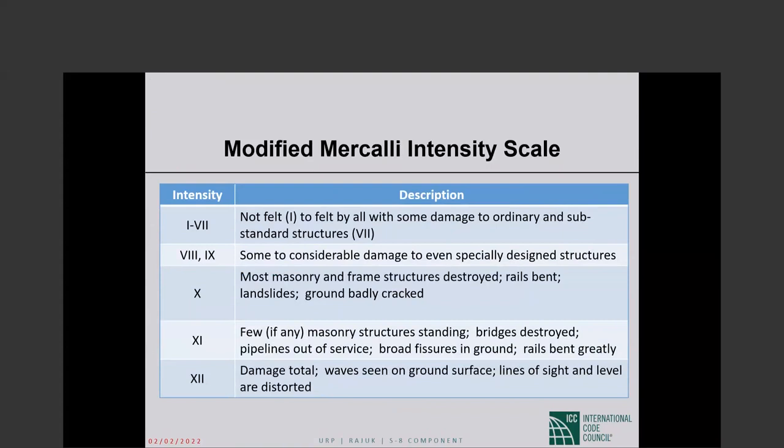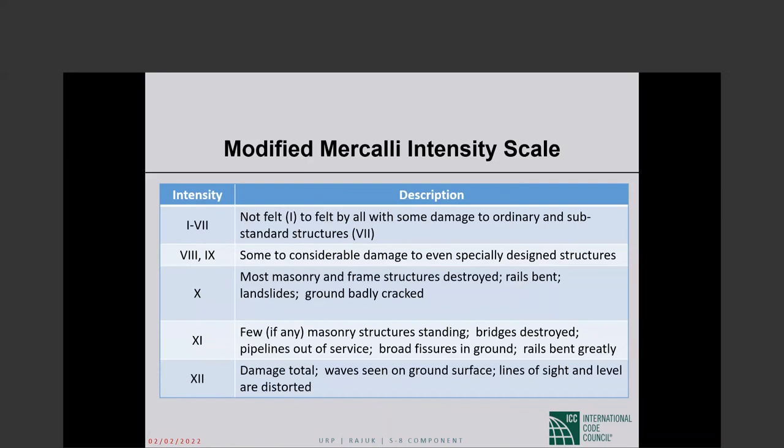So anyway, modified Mercalli is used in most of the Western world, including the US. So the intensity goes from 1 to 12. 1 to 7 is an earthquake not felt.